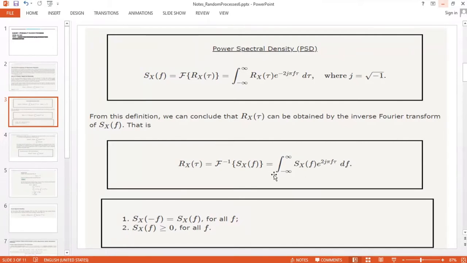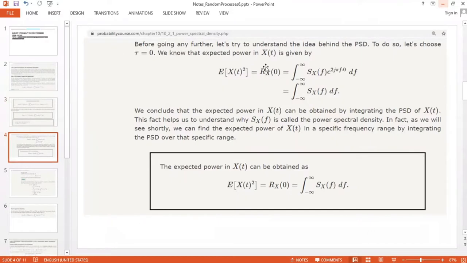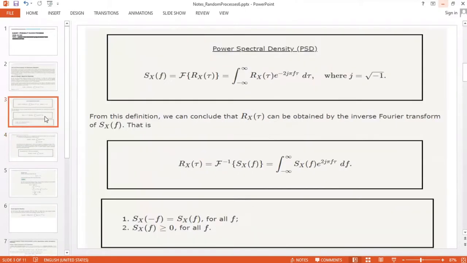We'll use this formula. So Rx(tau) equals this, and then we replace tau by 0, because if we replace tau by 0, we will get the expected power in X(t). So the expected power, expectation of X(t) squared, equals Rx(tau) with tau equal to 0, and we have substituted 0 here also from this result.